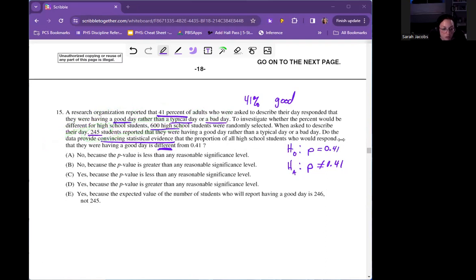Okay, so before we even calculate anything, do we have convincing statistical evidence that it's different? If the P is low, reject the Ho. So if P is less than alpha, reject.